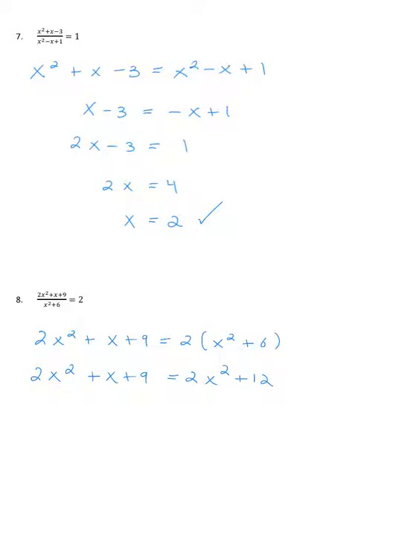They completely cancel, and we're left with x plus 9 is equal to 12, a linear equation. And if I subtract 9 from both sides, I get 3. And 3 definitely does not make this denominator 0 because you get 9 plus 6, it's a positive number. Therefore, 3 is a solution to the equation.